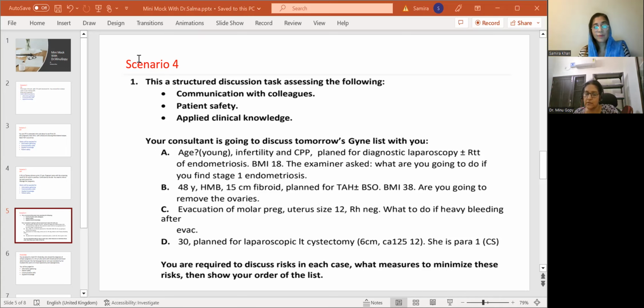All right. So in each case, I would go to the patient and I would take a detailed history and I would see if there is any medical comorbidities or surgical risks for the procedure. I will review the consent form and see all the risks, benefits, and alternatives have been discussed with her.